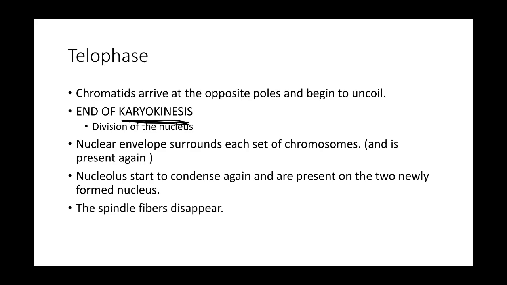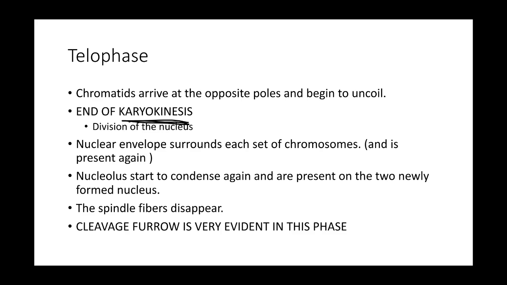Since the spindle fibers are not needed anymore, they've already done their duty, they will start to disappear. Another important feature of telophase is the formation of the cleavage furrow. So how does telophase look like?